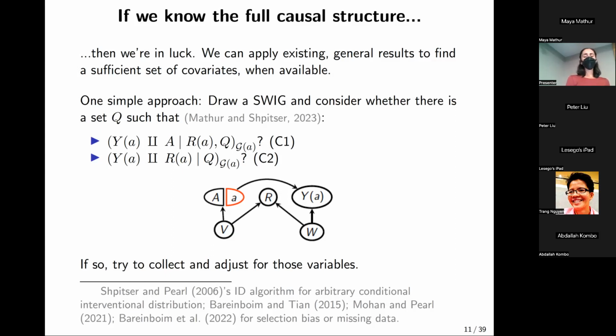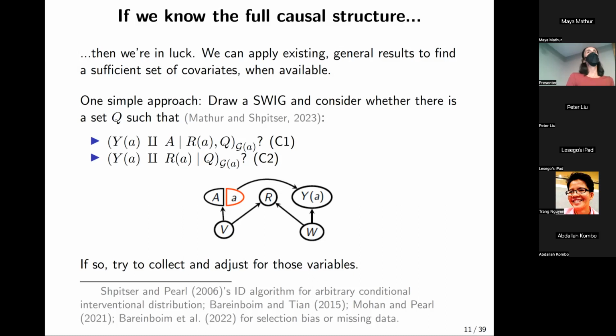One approach that Ilya and I worked on recently tries to codify these ideas of internal versus external bias into graphical rules, based on essentially drawing a SWIG for the problem. Just as a reminder, this is essentially like a DAG, except that we have split the treatment node into a random component, big A, and a fixed component, little a.